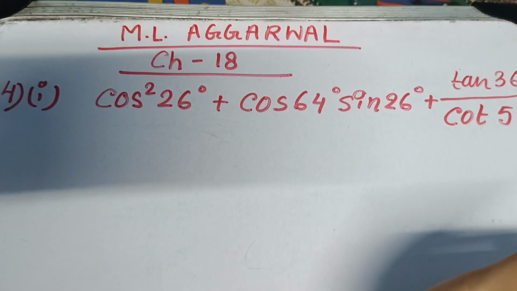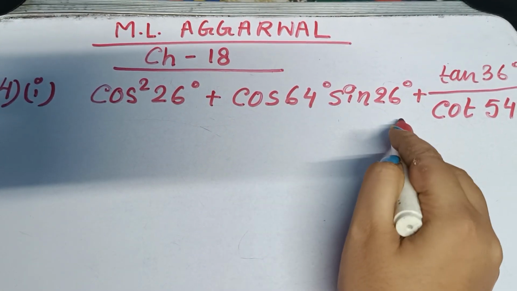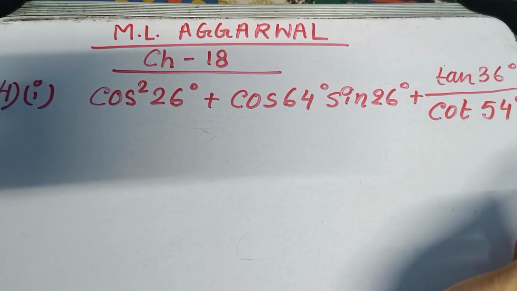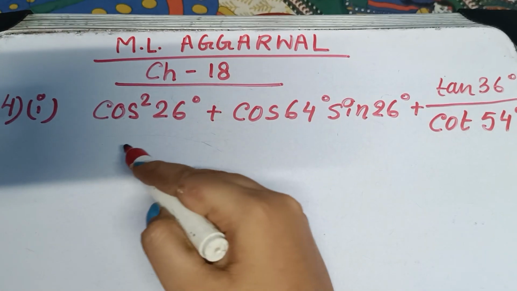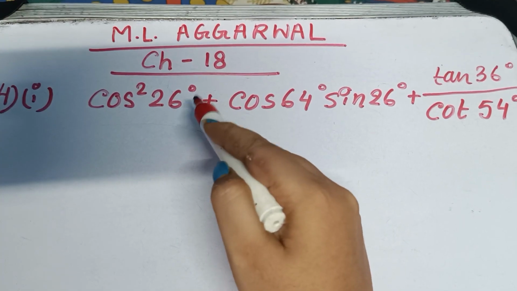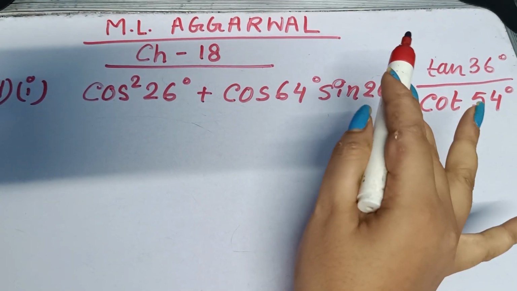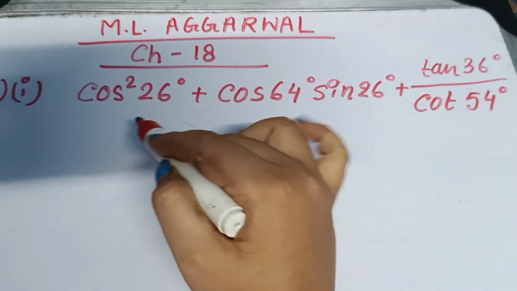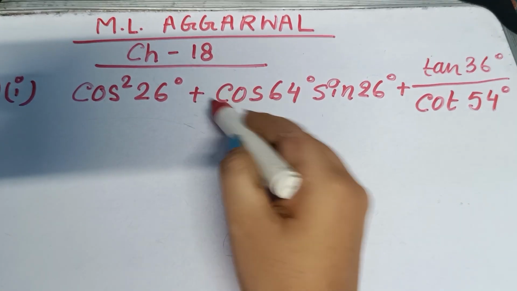At first we add these two angles. If we add these two angles, students, we get 90 degree. That means there is a chance to use that formula. Since cos square 26 degree is already there, we are not going to touch it. We are going to start with this portion.